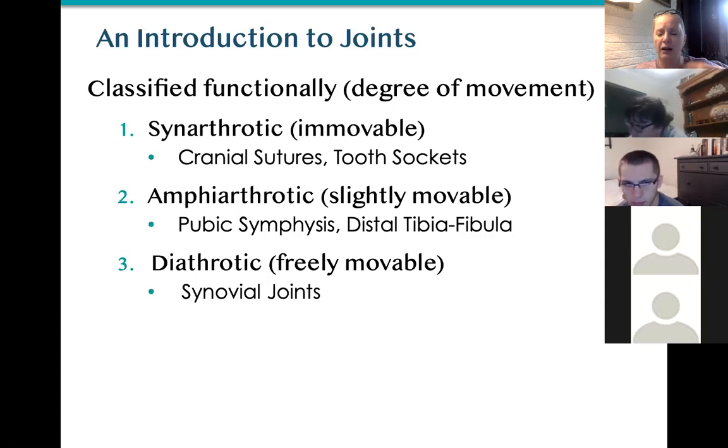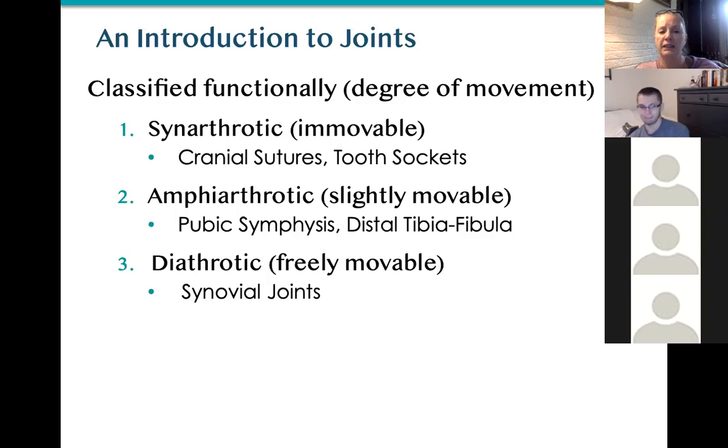Anything arthrotic, arthrosis, is going to be referring to joints. So when you see things like arthrocentesis, it's going to be putting a needle in a joint and withdrawing the fluid. Arthroscopic, putting a scope in a joint, all right? Synarthrotic, syn means together, so it means immovable joint, all right?